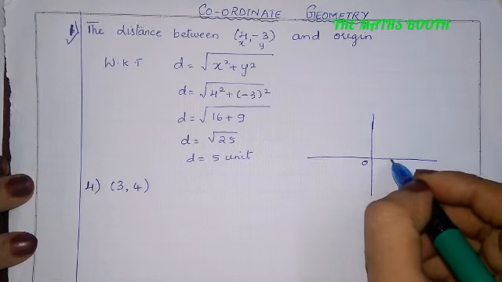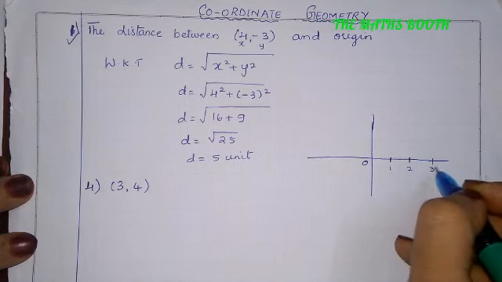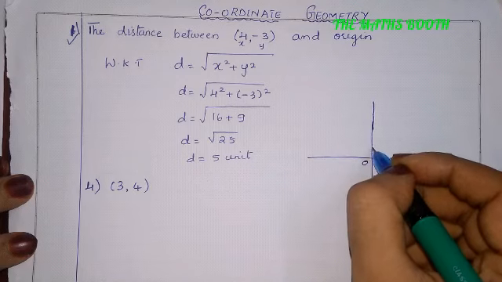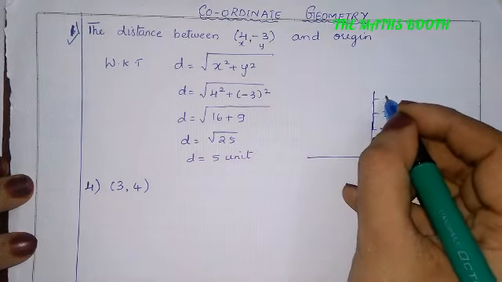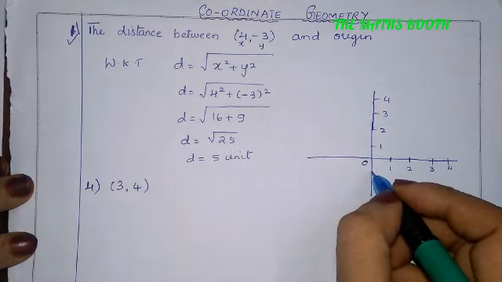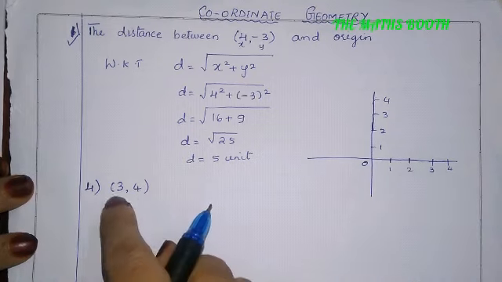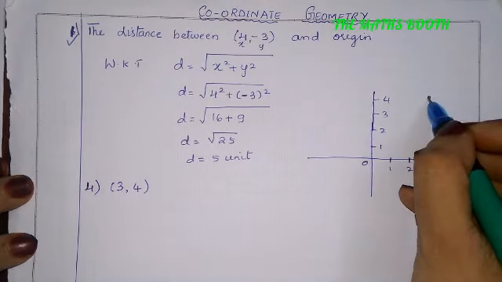Now this is 0, 1, 2, 3, 4. Here also let me write 1, 2, 3, 4. Negatives they didn't ask, so I have written only positive numbers. Now 3, 4: x is 3, y is 4, this is your point.